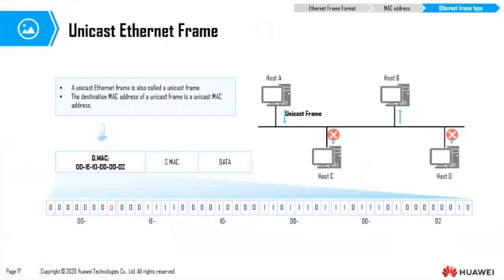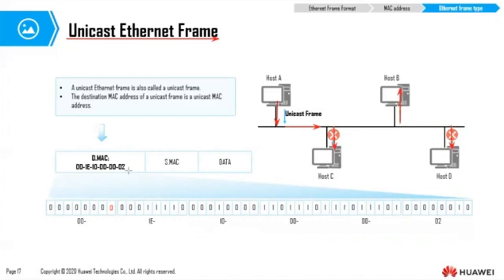So this is a unicast Ethernet frame. With a unicast Ethernet frame, one device places it on the shared medium. These ones are also going to receive it, but only this one is going to process it. The other ones are going to drop it. Why?